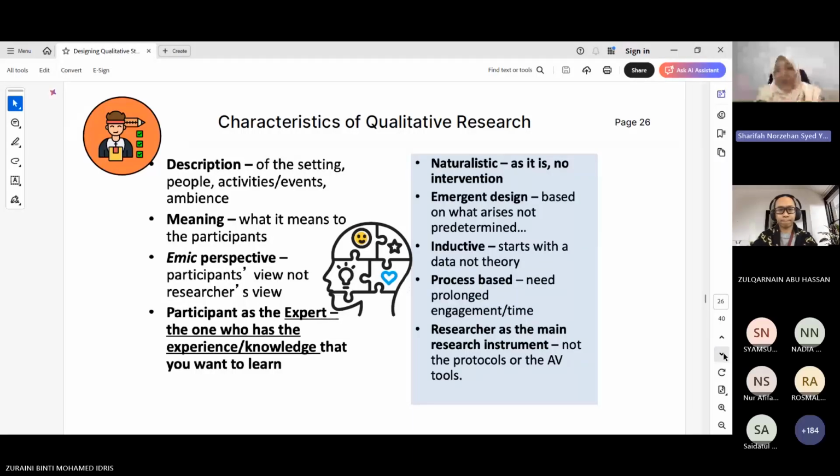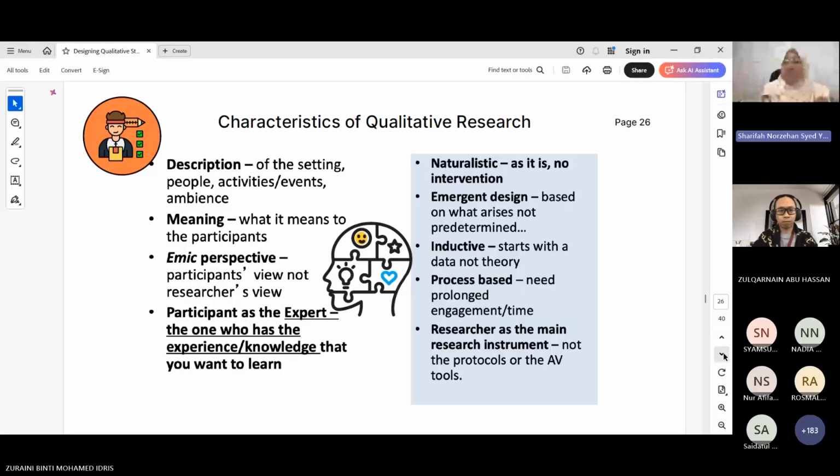Emic perspective, participants' view, not your view. That's why your write-up is very much based on the data that you have collected. If you formulated your objective based on what you think, and your data says a different thing, then you have to change your objective and rewrite it.